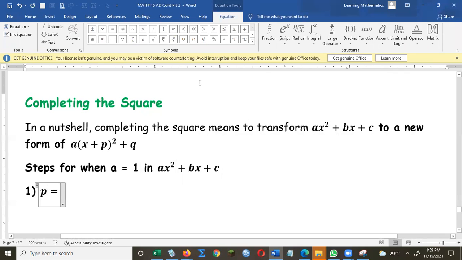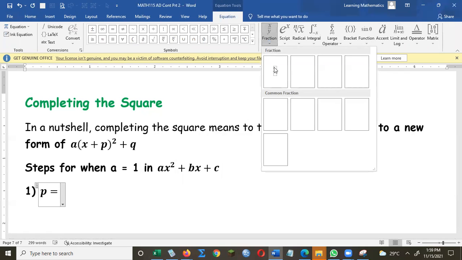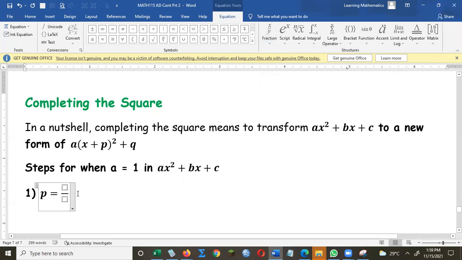P is always half of b. You can go to Timbuktu, you can go to Japan, you can go to Alaska, you can go to France, Australia. P is always half of b when a is 1.